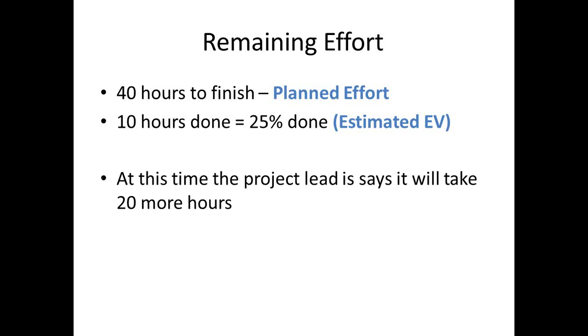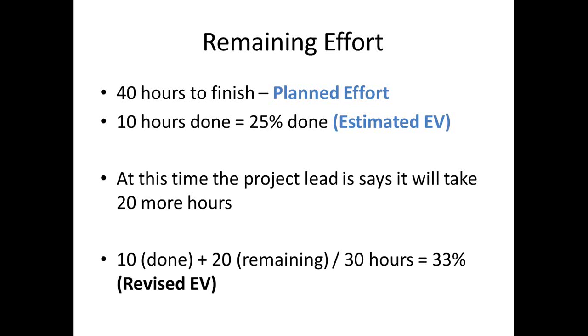This is just hours at this point. And at this time, the project lead says it will take 20 more hours to finish. So you've done 10 hours, and then you have 20 hours remaining, and you divide that by 30 hours, and that gives you 33%. So that's your revised earned value, if you may.